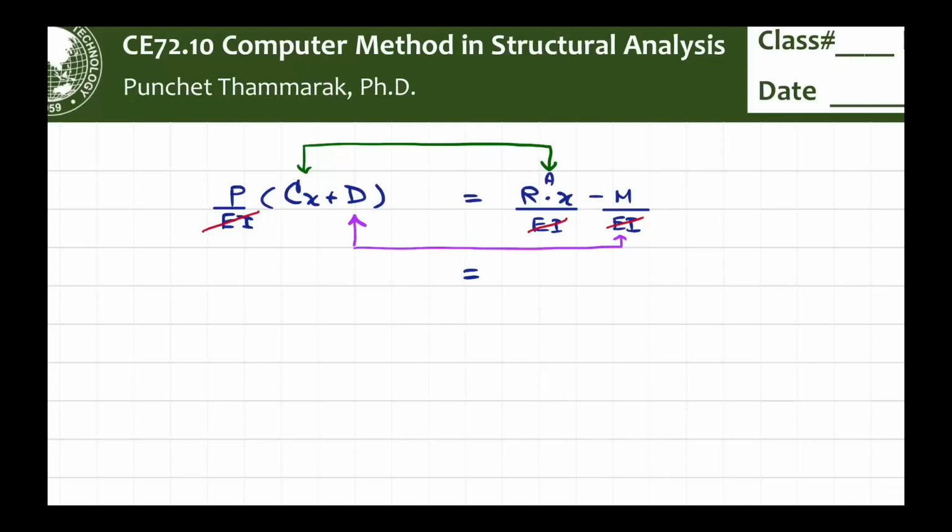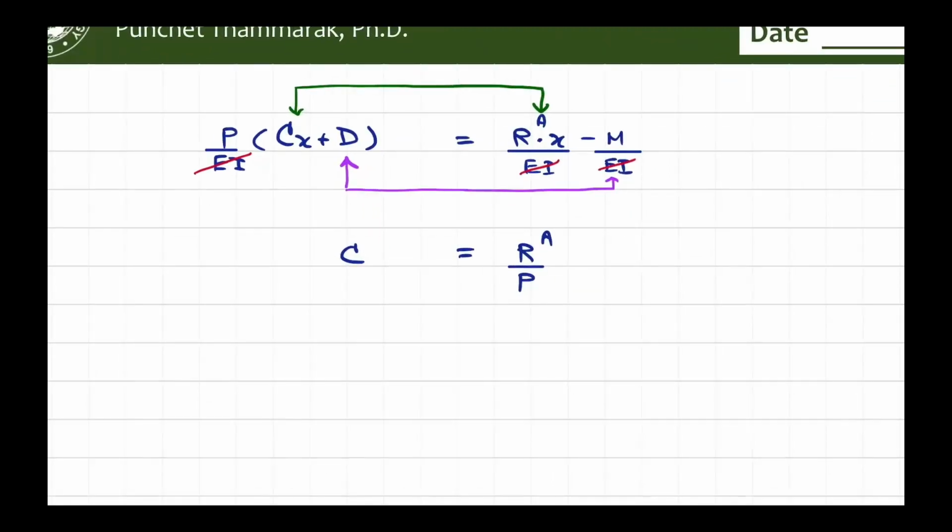So you have PC equals to RA, so your C is basically R over P. And your D: PD equals to minus M, then you get the minus M over P. Right?